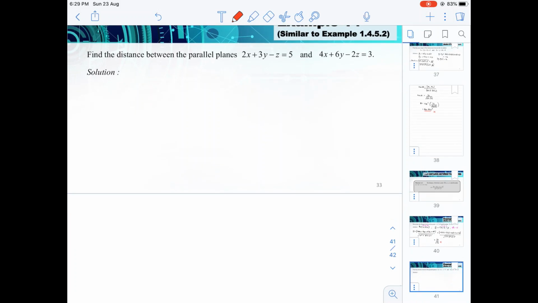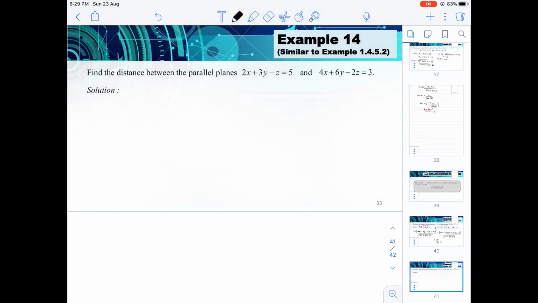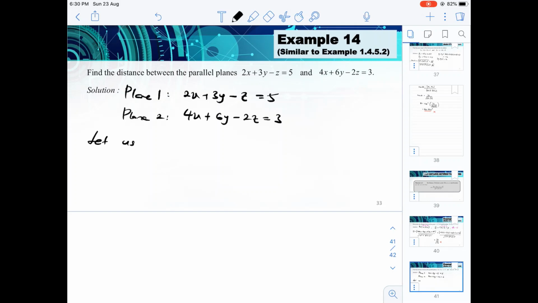Next, find the distance between the parallel planes. Okay guys, now let's say we have plane 1, 2x plus 3y minus z equals 5, and the second plane, plane 2, 4x plus 6y minus 2z equals 3. Let's consider the normal vector from plane 1.